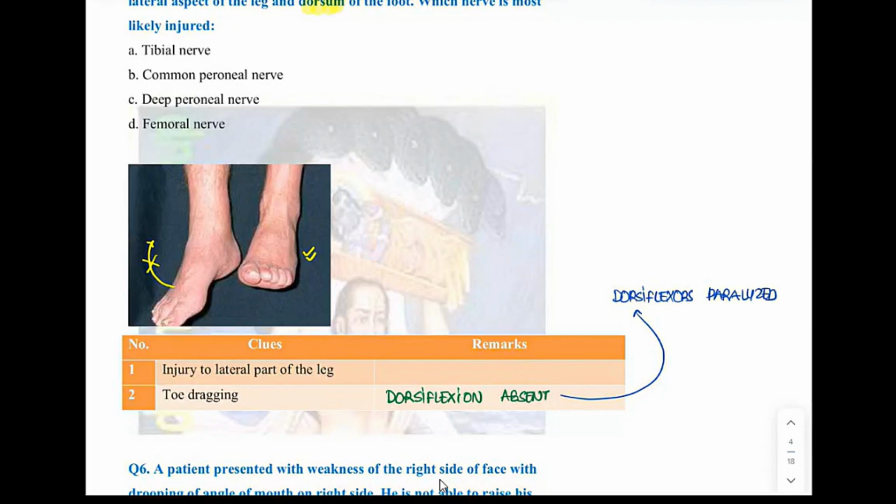The dorsiflexors are supplied by the deep peroneal nerve, and the deep peroneal nerve cannot be injured as such, although its parent nerve, the common peroneal nerve, can be injured in clinical practice. So the common peroneal nerve is injured, and this is especially related to the neck of the fibula.